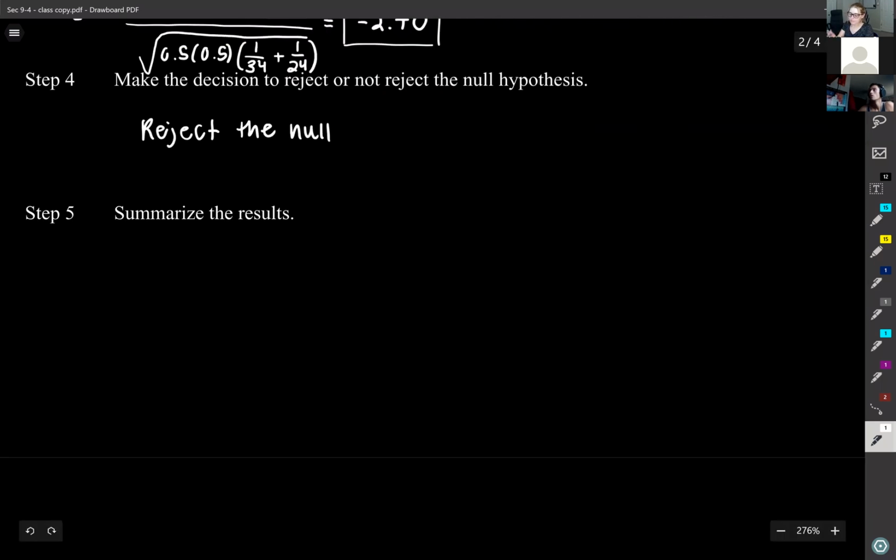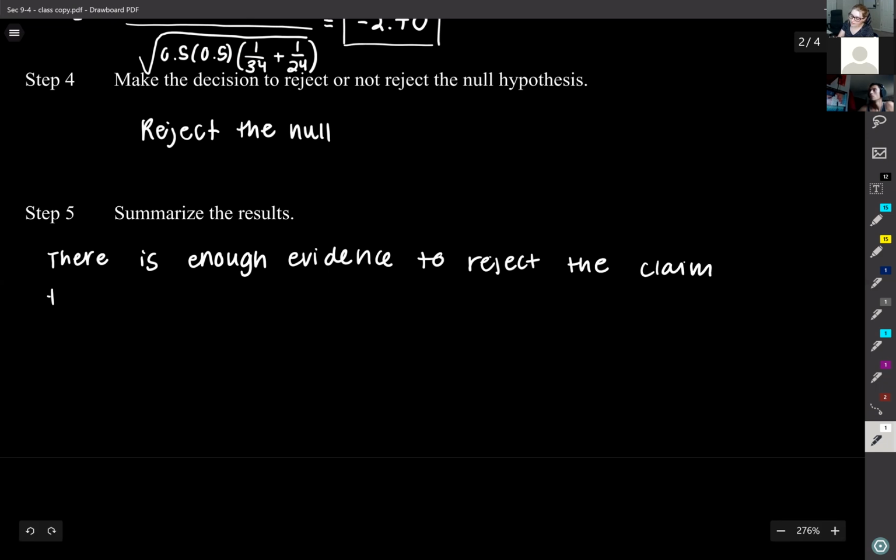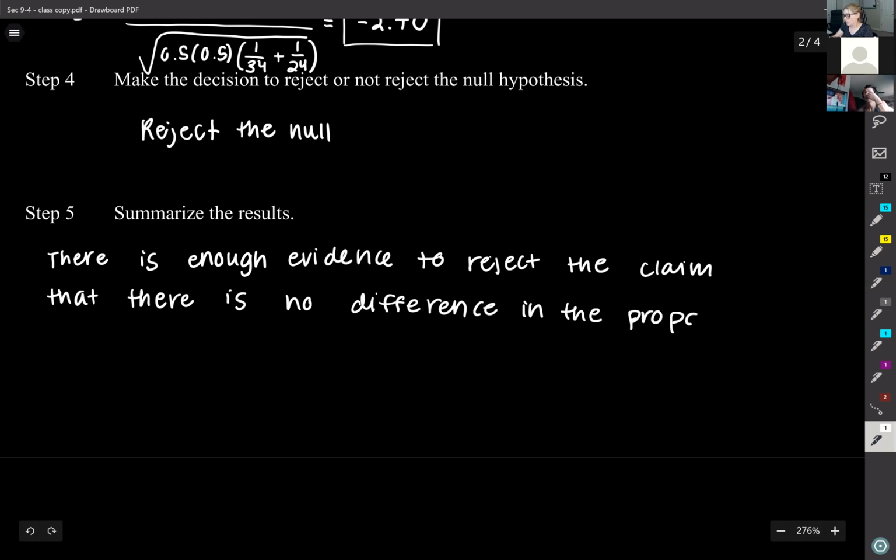So it's going to take me a hot minute to write, but there is enough evidence to reject the claim that there is no difference in the proportions of small and large.